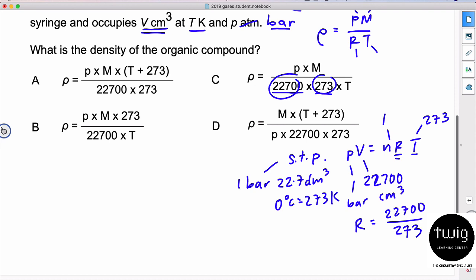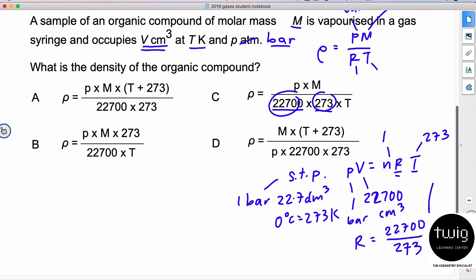Take this value and then sub inside here, and you see the answer. It's a bit tricky because they put all these numbers, so you have to use the STP to do it. So this is probably the way I will do it. P times M, then over R, which is 22700 over 273, times T. The 273 bring up, so 273 times P times M over 22700 times T. That means the answer will be B, maybe?